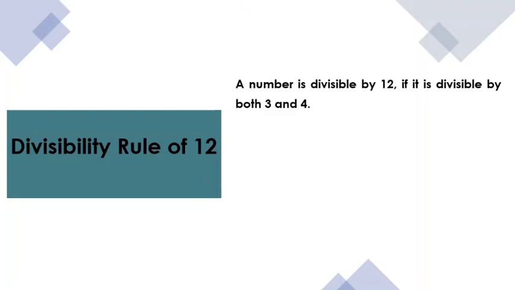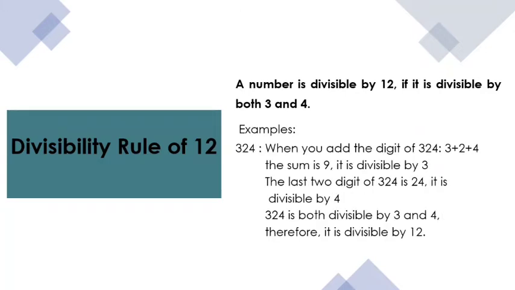Let's proceed to the divisibility rule of 12. A number is divisible by 12 if it is divisible by both 3 and 4. Examples: 324. When you add the digits of 324, 3 plus 2 plus 4, the sum is 9.